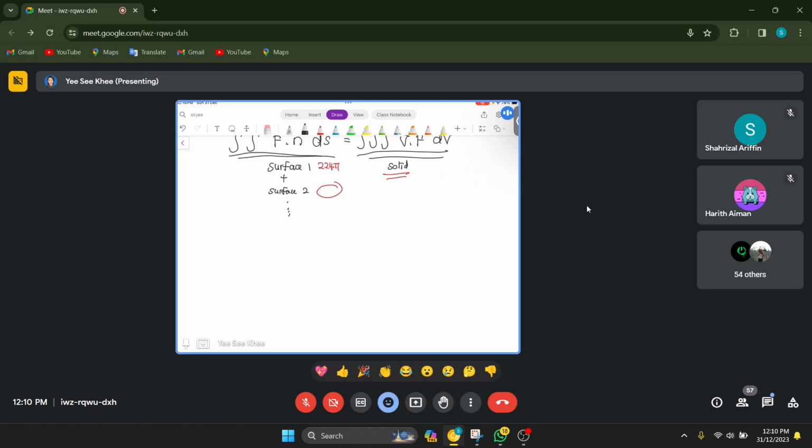We use the same equations, because we want to calculate the flux coming out from the bottom surface. F has been given. So what do we think about the direction of this N? Would it be inward or outward?